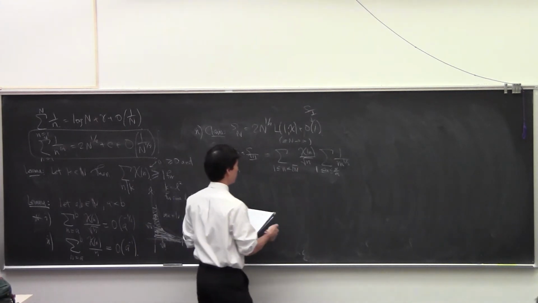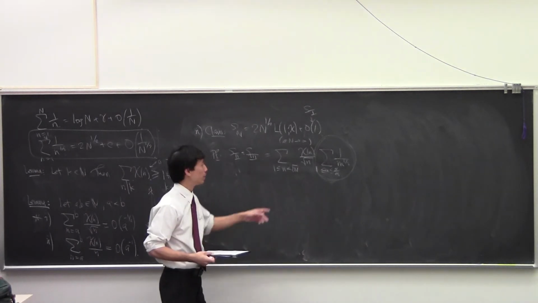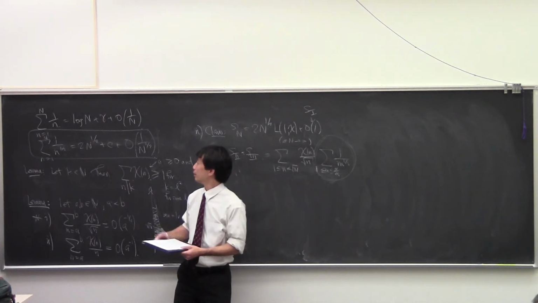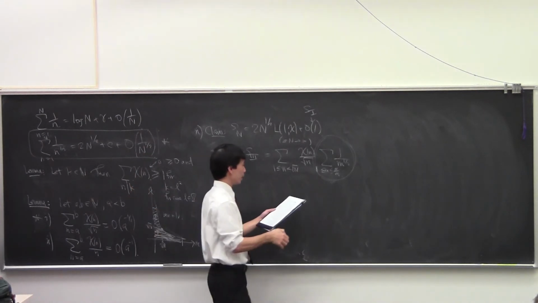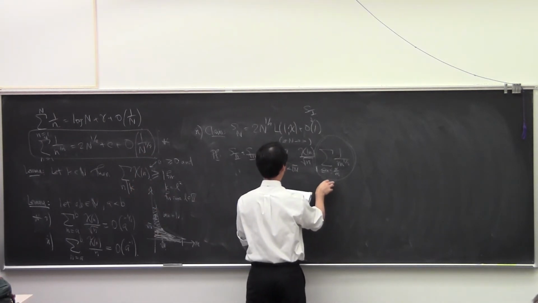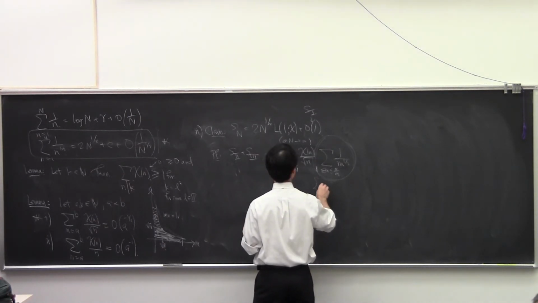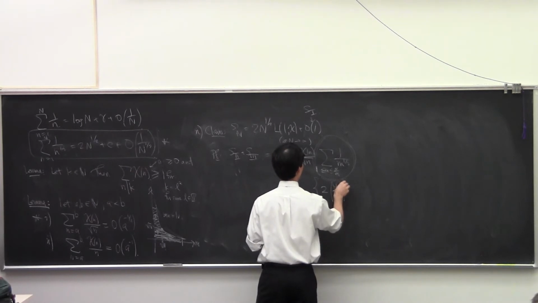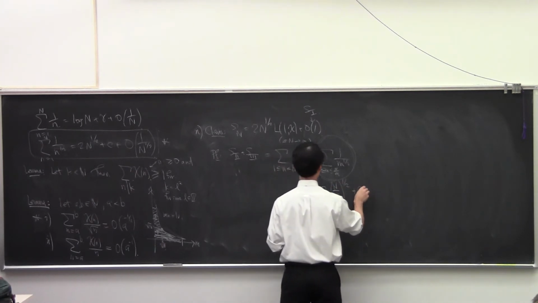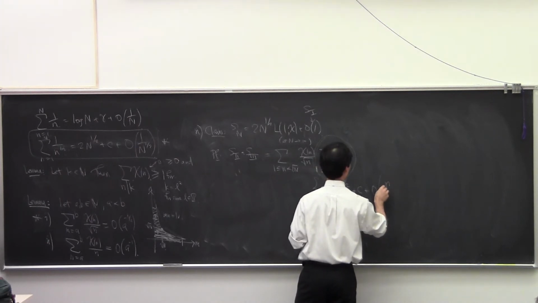Okay. Well, again, we use the p-series estimate that we have here. We say this thing is basically 2 N over m to the half plus some constant plus something on the order of m.